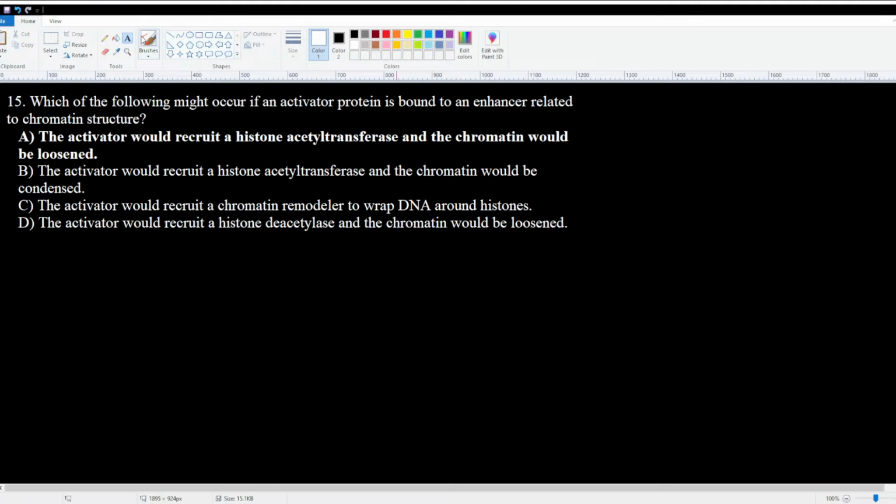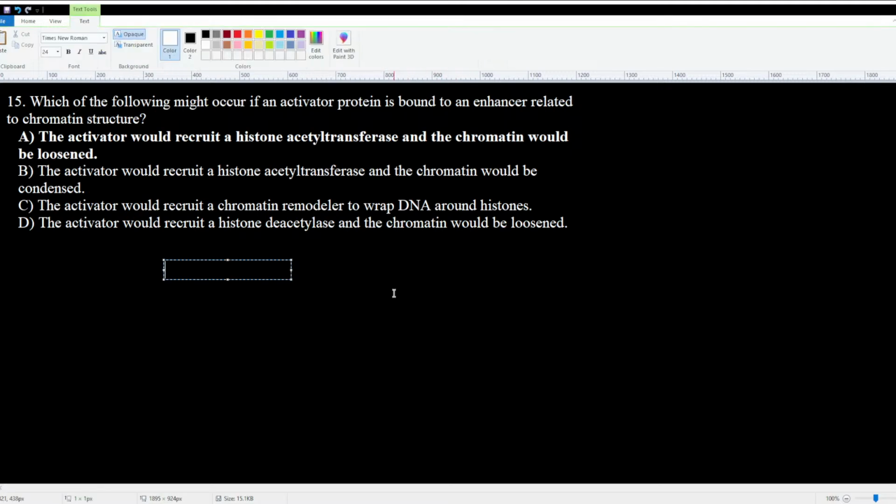So remember, histones, so DNA is negative, histones are positive, and acetyl groups are negative.